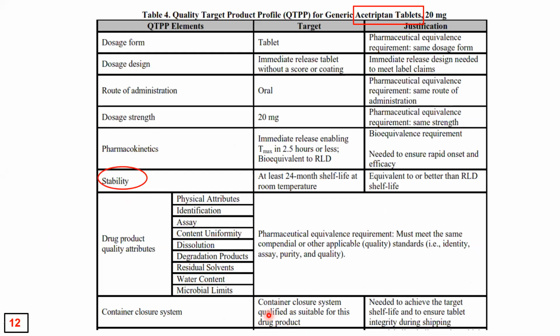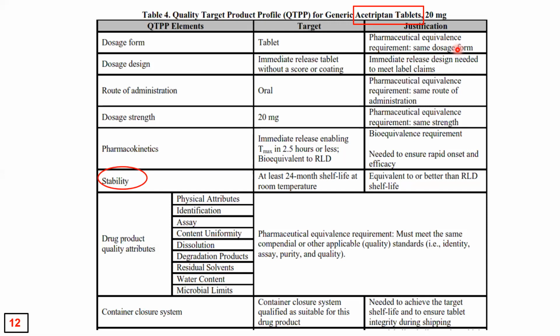So with respect to this tablet, what QTPPs have they selected? As we've seen in the previous slide, the QTPP for the generic version of any tablet is nothing but that of the innovator product. Suppose you take dosage form: it is a tablet because it is a pharmaceutical equivalence requirement, the same dosage form.